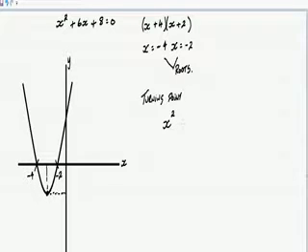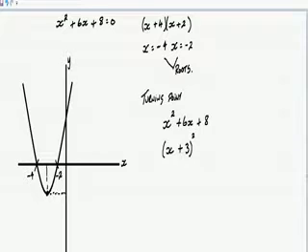We do that by completing the square, or actually we just start by completing the square. So if we've got x squared plus 6x plus 8, we just go through the beginning of completing the square. What we do is we take one of the x's, half of this value, which is plus 3, and then we square it.